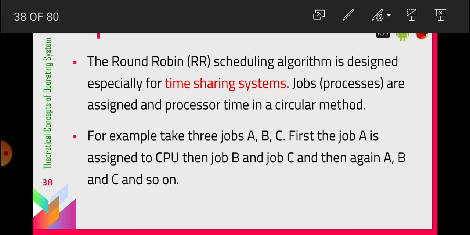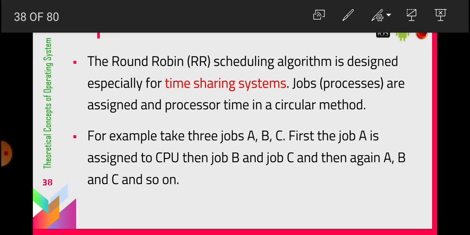Once job A enters the CPU, it processes for the first 5 seconds. After the 5 seconds are over, job A exits the CPU, and job B enters. After 5 seconds, job B exits, and then C works. This type of time allotment and processing of jobs is known as the round robin technique.